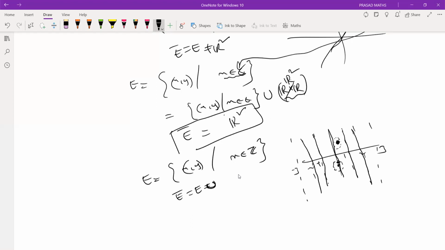Therefore, it is also a limit point. Therefore, what are my limit points? The set itself. Therefore, the closure is E, but this cannot be R2. Is it clear?